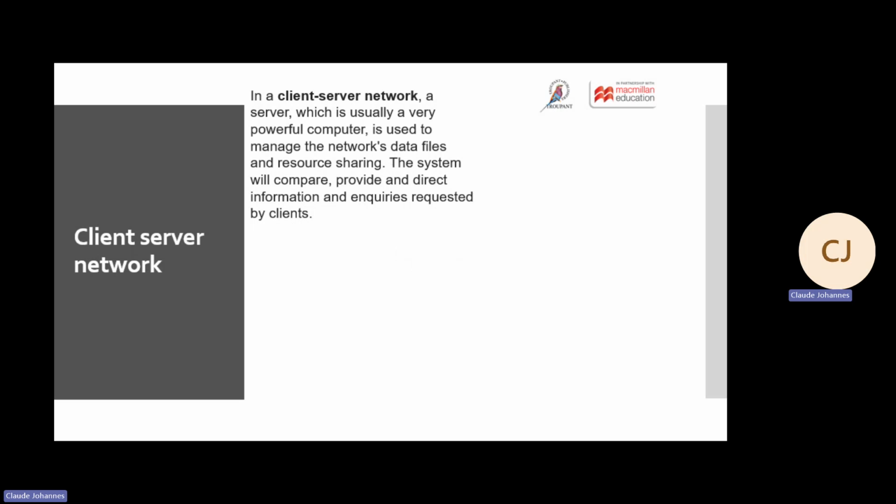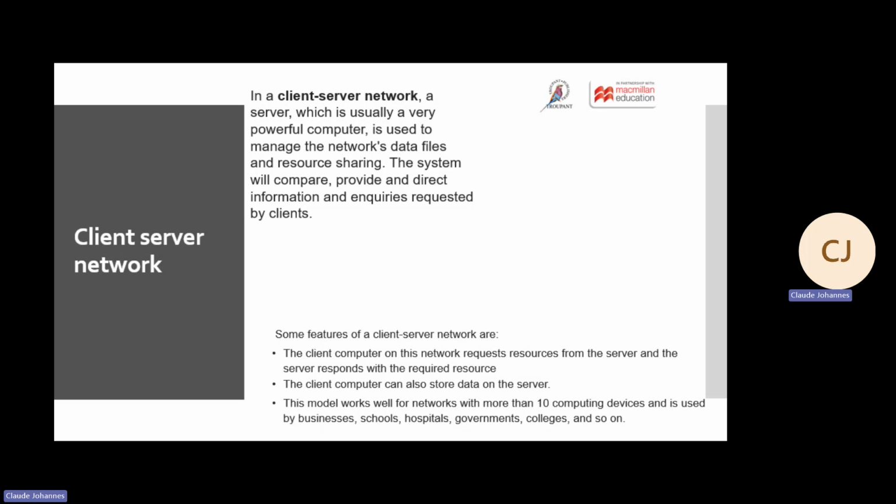A client-server network has a server, which is usually a very powerful computer, used to manage a network's data, files and resource sharing. The system will compare and provide direct information and inquiries requested by the client. Some of the features of this type of network are that the client computer on this network requests resources from the server, and the server responds with the required resources. Secondly, the client computer can also store data on the server.